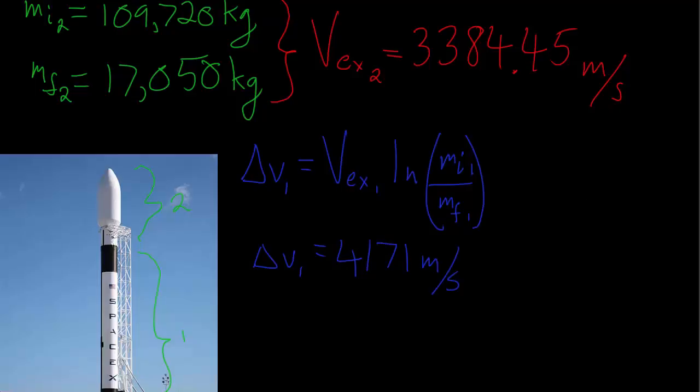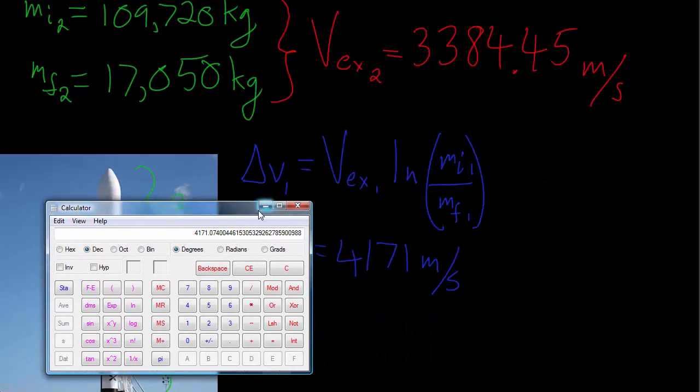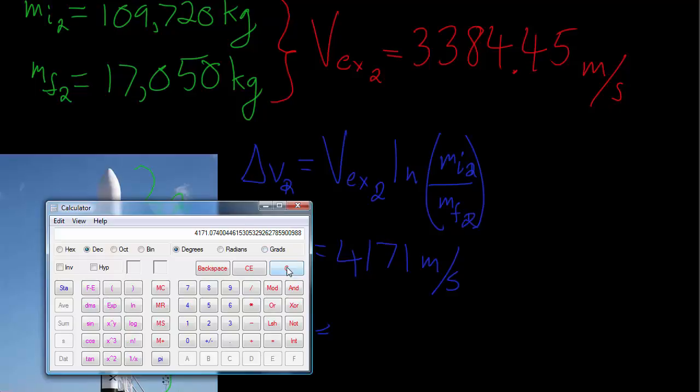Now we can do the same thing for stage 2, the change in velocity of stage 2. We can use the same equation, but we have to change all of these to 2's, and we can just work that out right here.